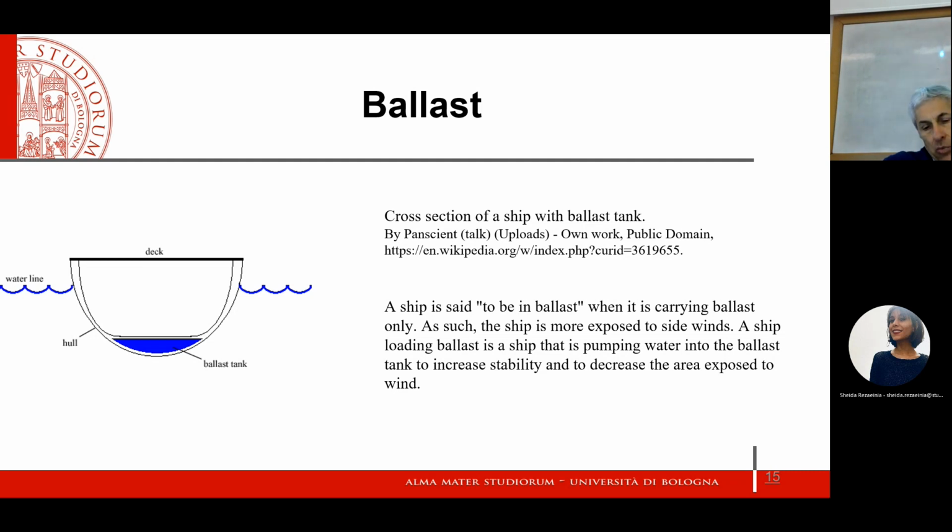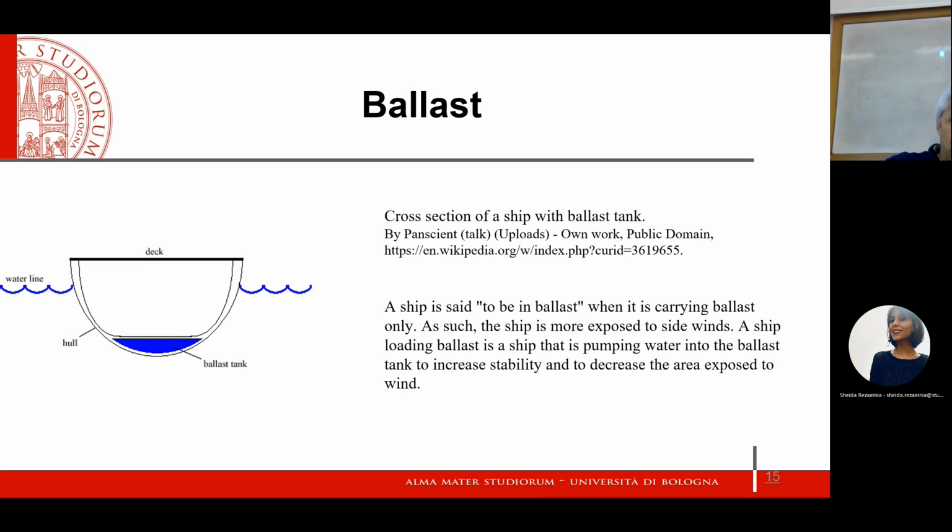And of course, we cannot allow the draught to increase too much, because otherwise the ship sinks. And then when it is fully loaded, usually the ship releases this additional weight. When it's unloaded, the ship, in order not to lose the stability, loads water, loads what is called the ballast.